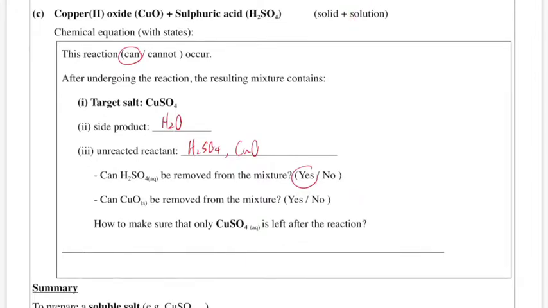Okay, I believe you have done a similar experiment like this. In order to remove a solid from the solution, you just need to do filtration. Using a funnel and a filter paper, you could easily remove the solid unreacted copper 2 oxide from the mixture. So the method is called filtration.